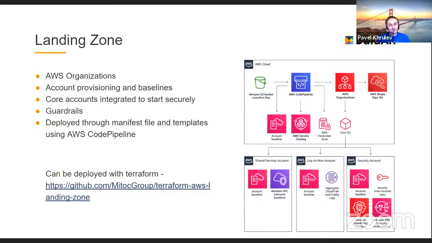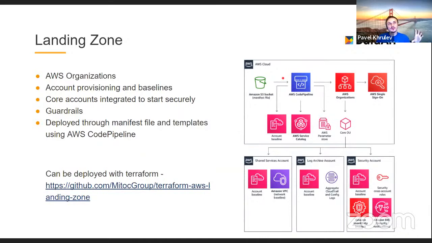So I talked about a lot of services. Some of them, we will take a look at a bit later in this presentation. And the landing zone itself is actually AWS code.